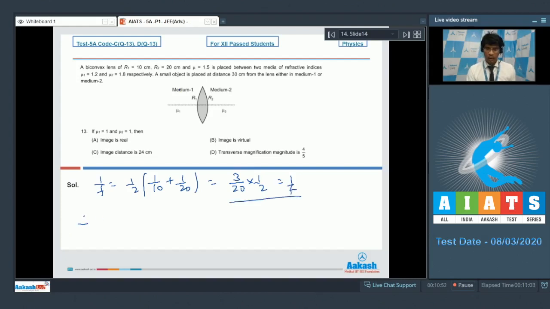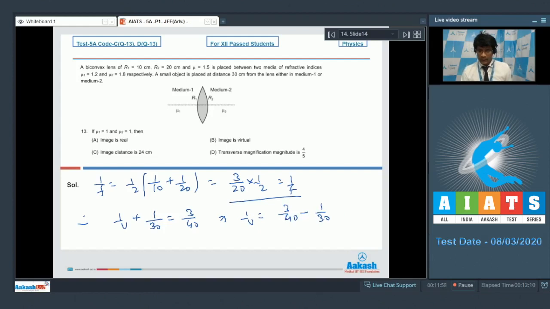So if now the object is placed at a distance of 30, that means 1 by v minus 1 by u. U is how much? Minus 30. So it is 30, would come out to be 1 by f, that is 3 by 40. Or 1 by v is equal to 3 by 40 minus 1 by 30.